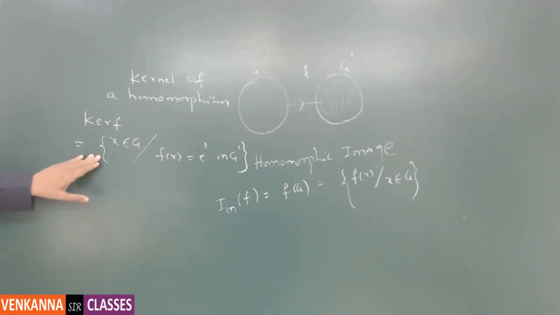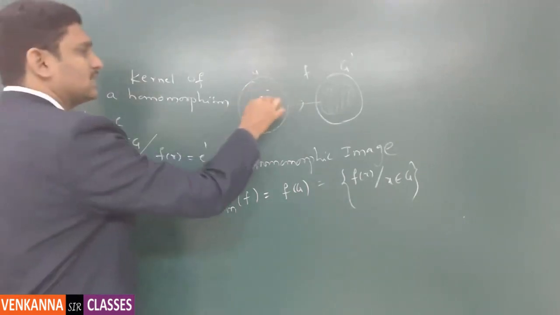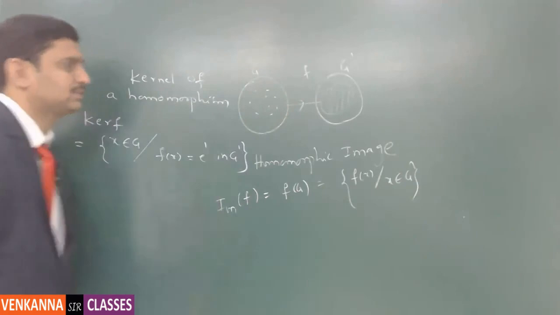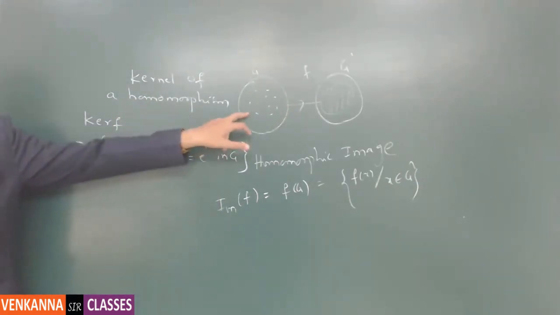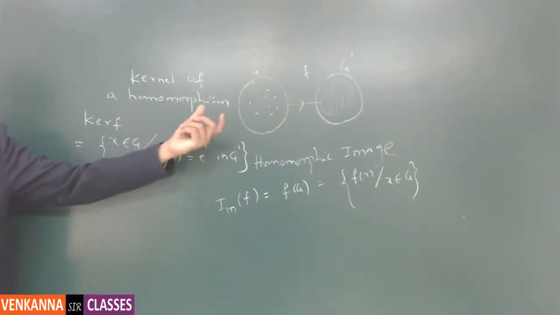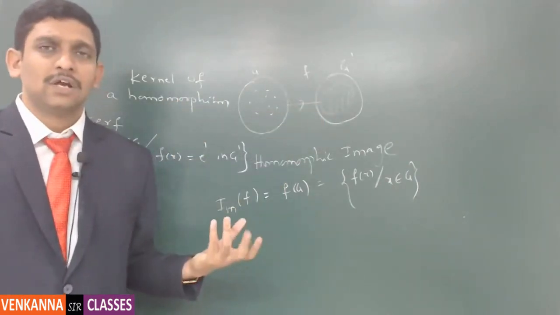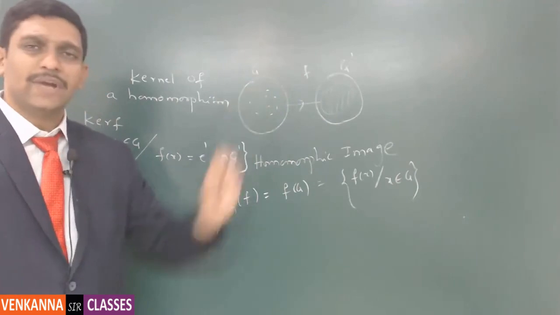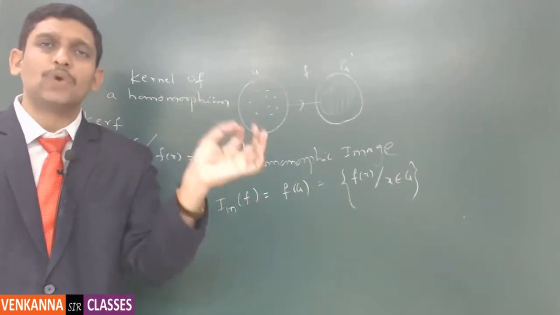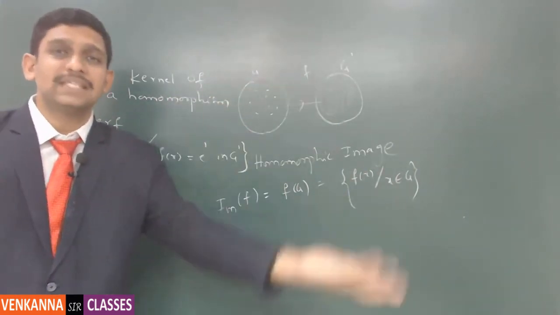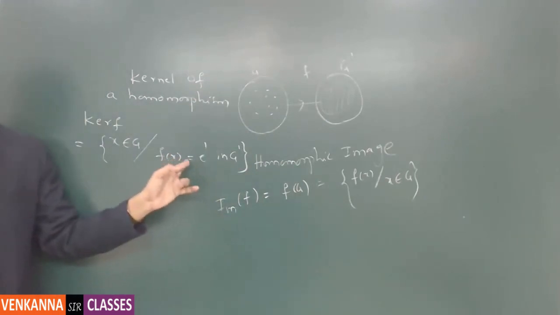So how is the kernel defined? In the domain you have the elements. For every element in G, you will get the corresponding images in the codomain. Among these elements, you are picking up those elements such that the image is the identity.